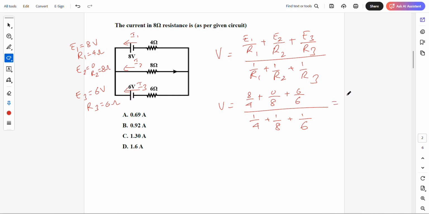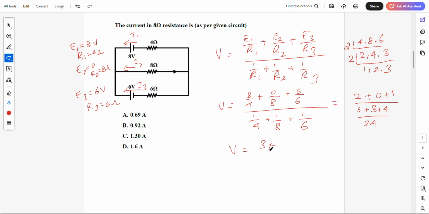That is 2 plus 0 plus 1, divided by the LCM of 4, 8, 6, which is 24. The denominator becomes 6 plus 3 plus 4, which is 13. So V is 3 into 24, which is 72, by 13 volts. That is the potential difference.